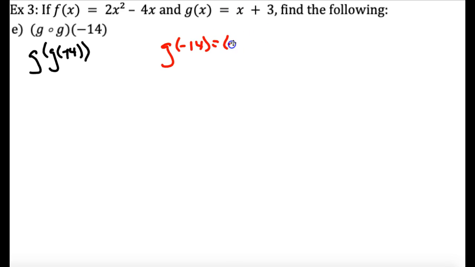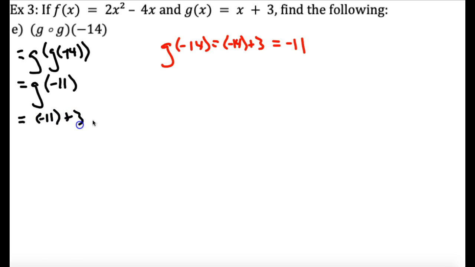So that's going to be negative 14 plus 3. So that's negative 11. So this g of negative 14 just becomes negative 11. So g of negative 11, we're going to plug negative 11 into g. So negative 11 plus 3 ends up getting me negative 8. All right, so pretty short lesson.